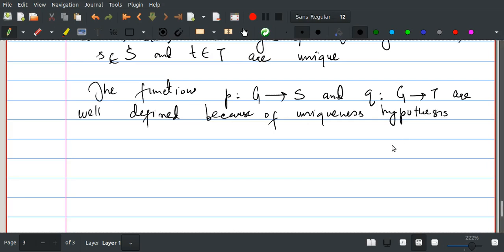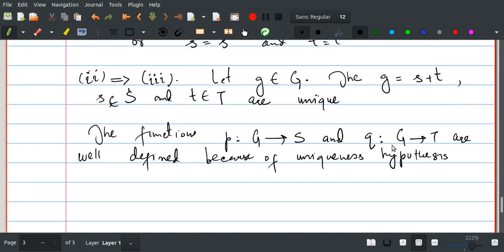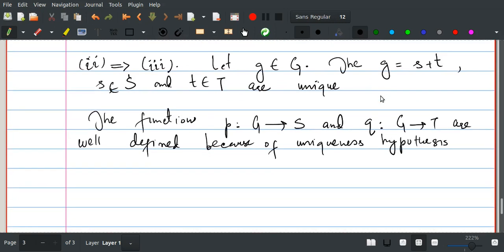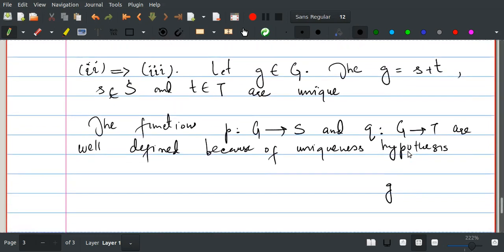Now see, if this uniqueness ceases to exist, then what will happen? These functions won't be well defined, because in that case, if this expression is not unique, then g will be equal to s plus t as well as s prime plus t prime, where s prime is not equal to s and t prime is not equal to t.